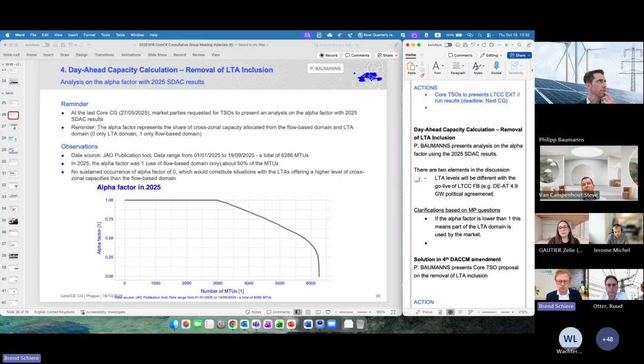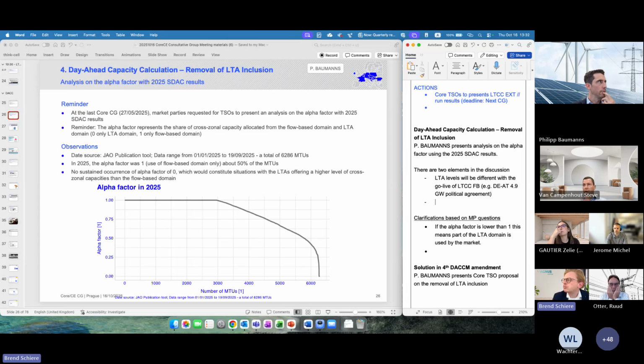If I push this thought experiment a bit: what would happen if we keep LTA inclusion and do the LTCCs based on the flow-based domain operational security? My expectation is that we try to mimic what's possible to get out of the flow-based domain in the day-ahead. So at best, if we would be less conservative in the methodology, and given your point on the different timestamps emerging, we would get the same size of flow-based domain that we have in the day-ahead in the long term, meaning that there is no topping up anymore coming from the LTA.